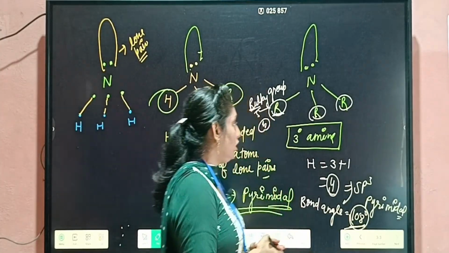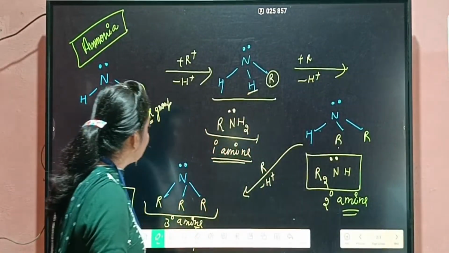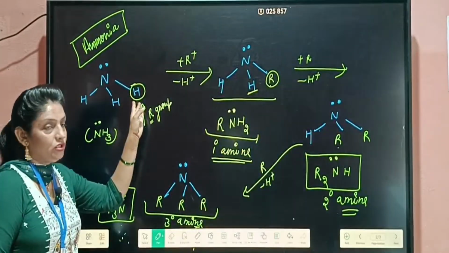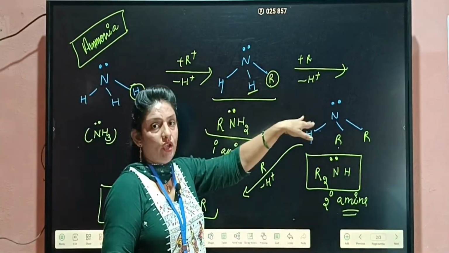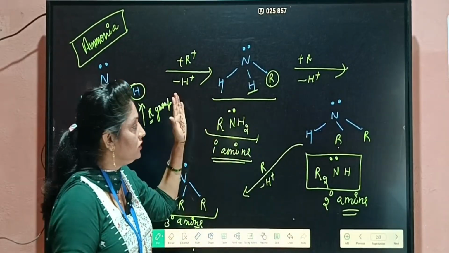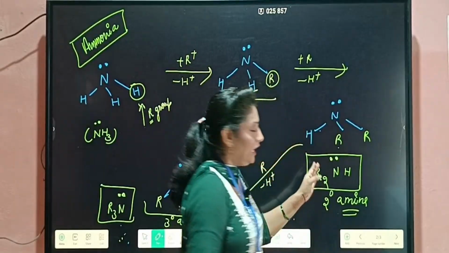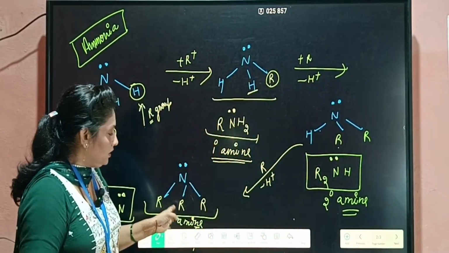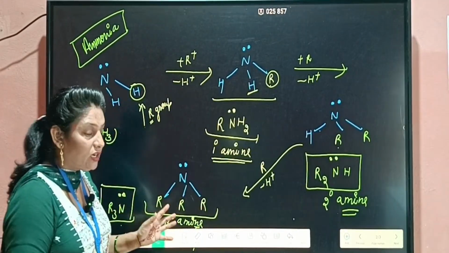Amines are derivatives of ammonia. When hydrogens of ammonia are replaced by R groups, if you replace only one, it is a primary amine. If you replace two, it is a secondary amine, and if you replace three, it is a tertiary amine. I hope that is clear to you.